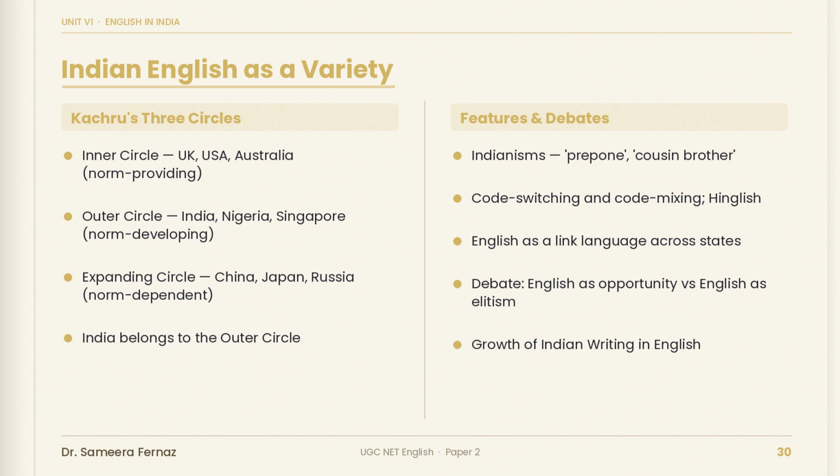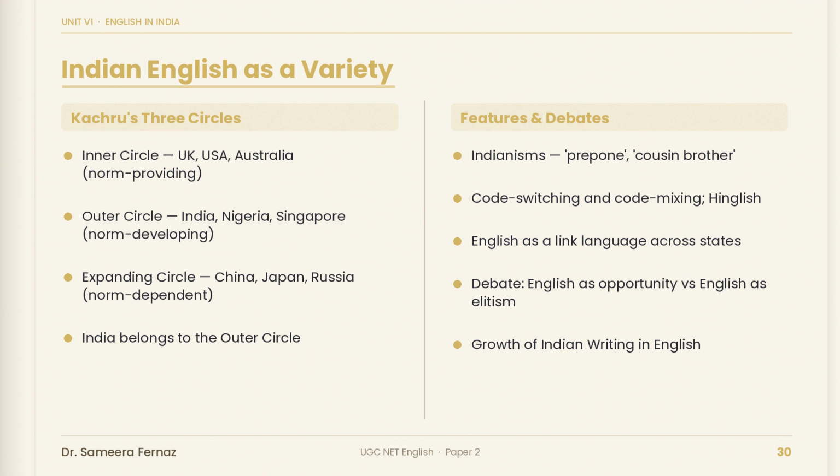Braj Kachru gave the model of three circles. The inner circle, including the UK, USA and Australia, is norm-providing. The outer circle, including India, Nigeria and Singapore, is norm-developing. The expanding circle, including China, Japan and Russia, is norm-dependent. India belongs to the outer circle.